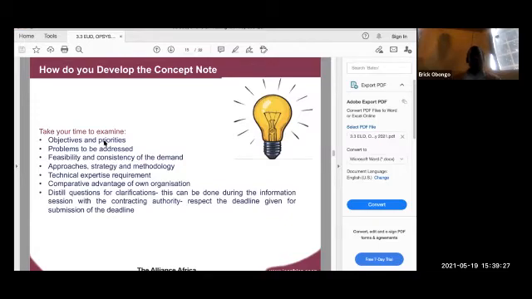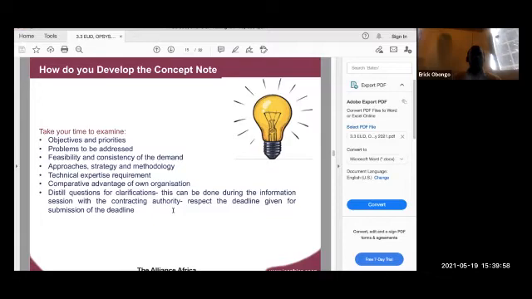This is where also you're supposed to do your comparative advantages analysis. You get your advantages, disadvantages, and then from there you can weigh and see the costs and the benefits which come with that. But also, if there are issues which need to be clarified even before you proceed to writing your concept notes, this is where the info session from the issuer of the calls for proposal becomes critical.